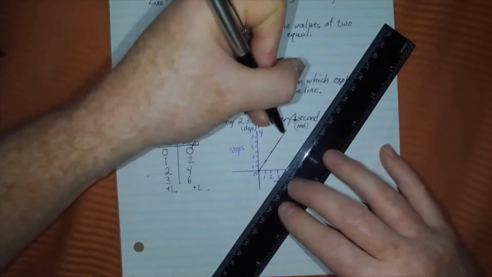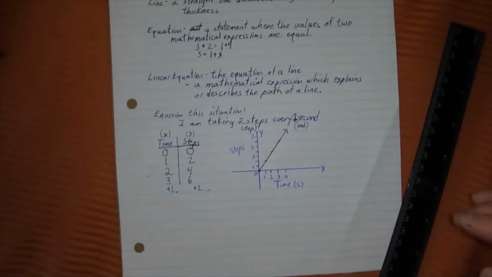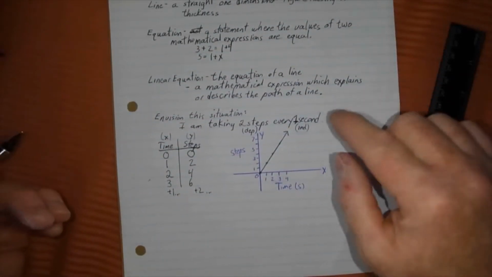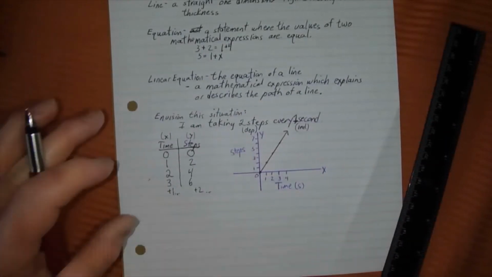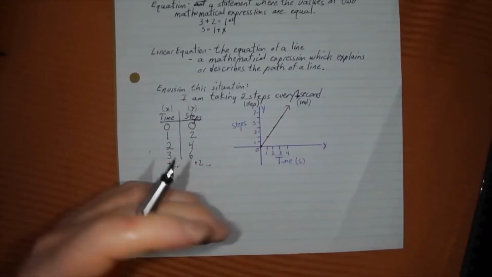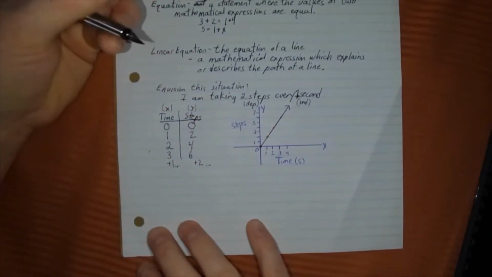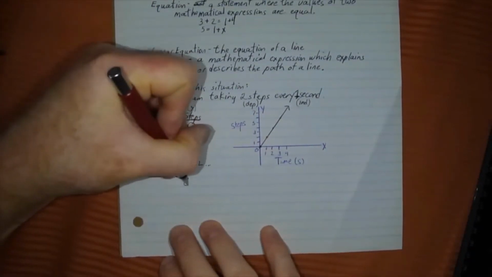So I could say my line looks like this. I could graph my linear equation. All right, now, in mathematical terms, this looks great. The sentence, not as much. We can't always put it in a sentence and work with it. So the question we want to ask ourselves is, can we create an equation?